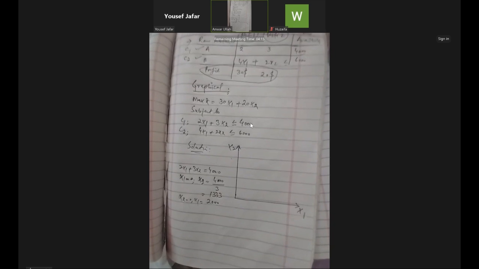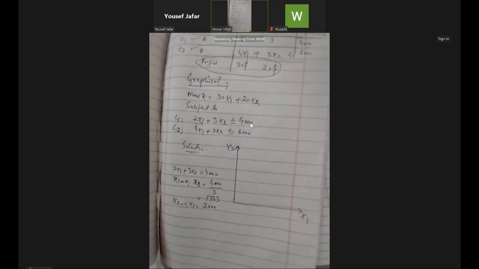You understand it, or should I do it step by step? I just skipped a few steps. If we put x1 equal to 0, we will get x2 equal to 4000 divided by 3, which gives us 1333.